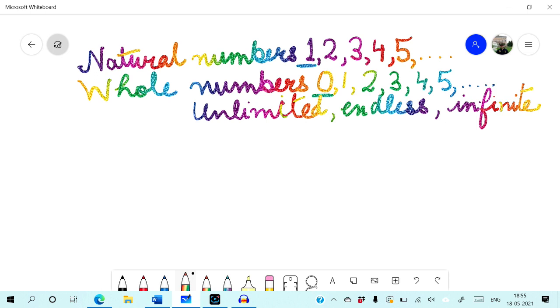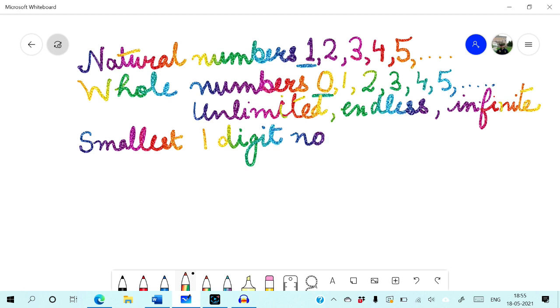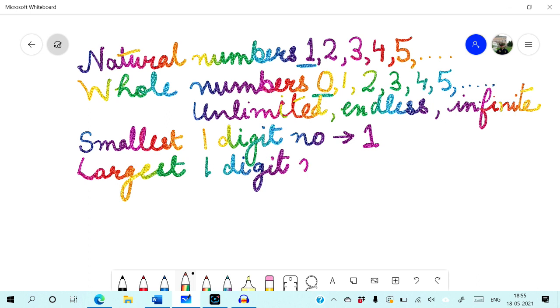Okay. Now, when we talk of smallest and largest number, then smallest one-digit number is 1 and largest one-digit number is 9.